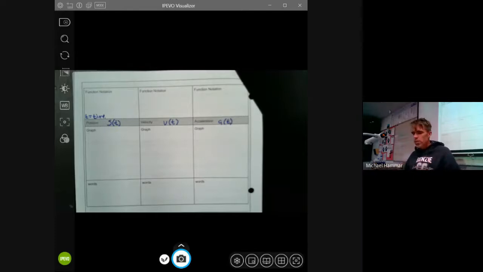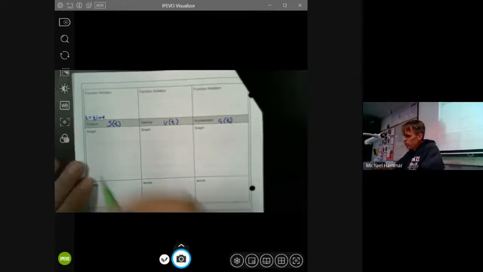Now, there are some connections between all of these. And so what I would like to do is draw some graphs and help you see some connections between each of these things. So let's draw a graph for a position function.